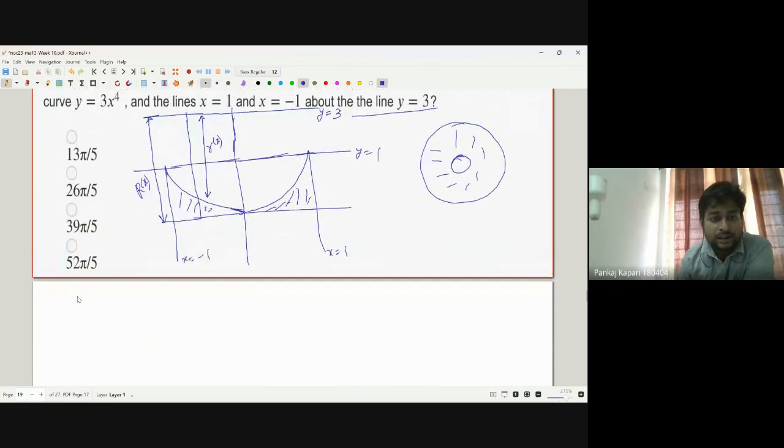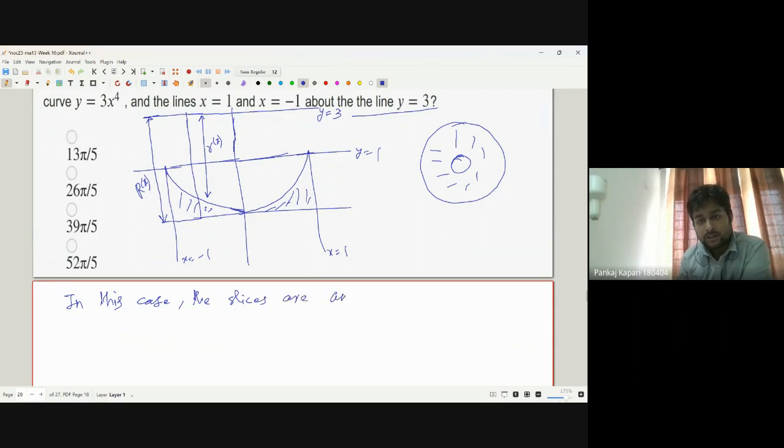So again, the slices are washers. What is the inner radius?